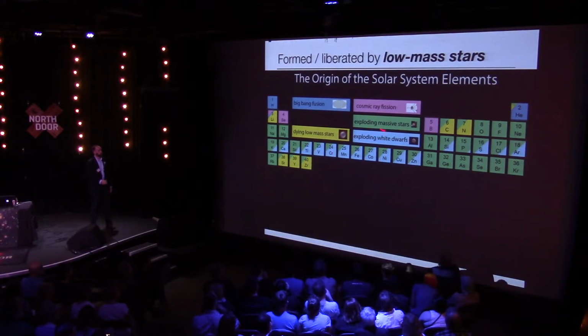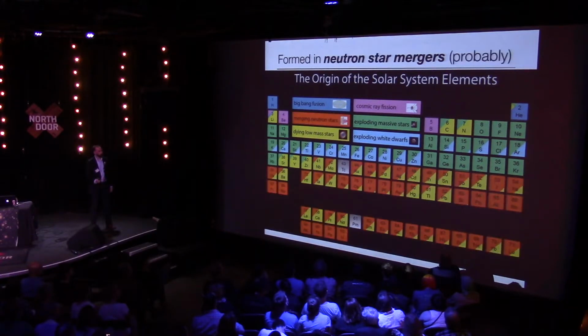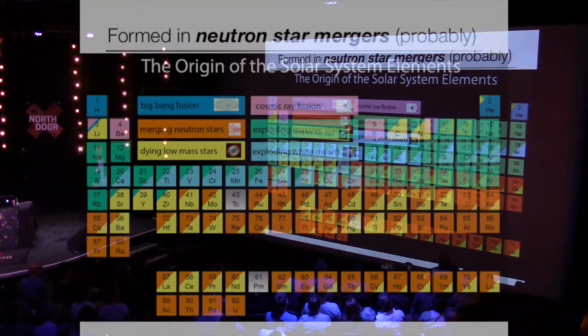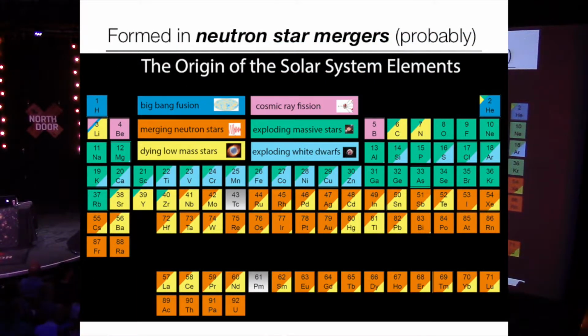So manganese, iron, nickel, cobalt, zinc, everything there is coming from these low-mass stars that end up exploding or releasing their metals later. And everything else, pretty much, requires an extremely rapid process of neutrons bombarding one another, okay? And that requires, we think, the merging of extremely massive neutron stars.